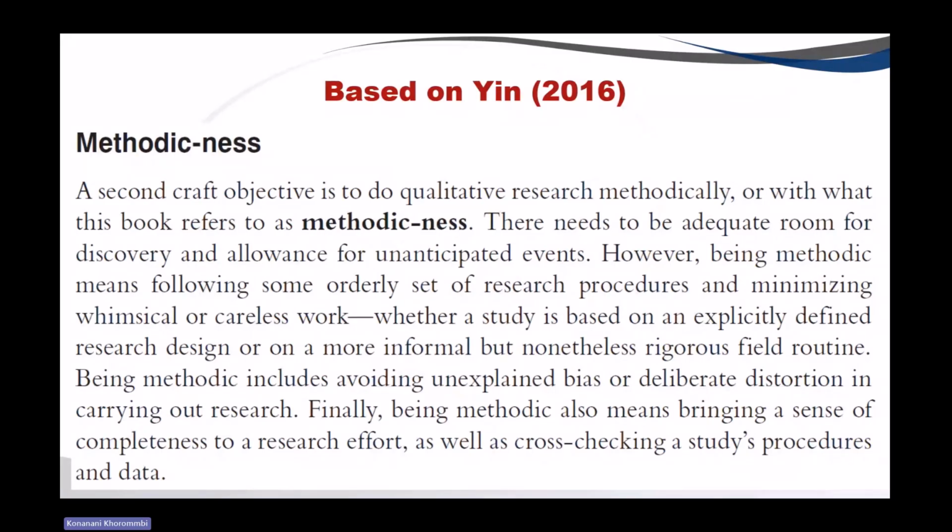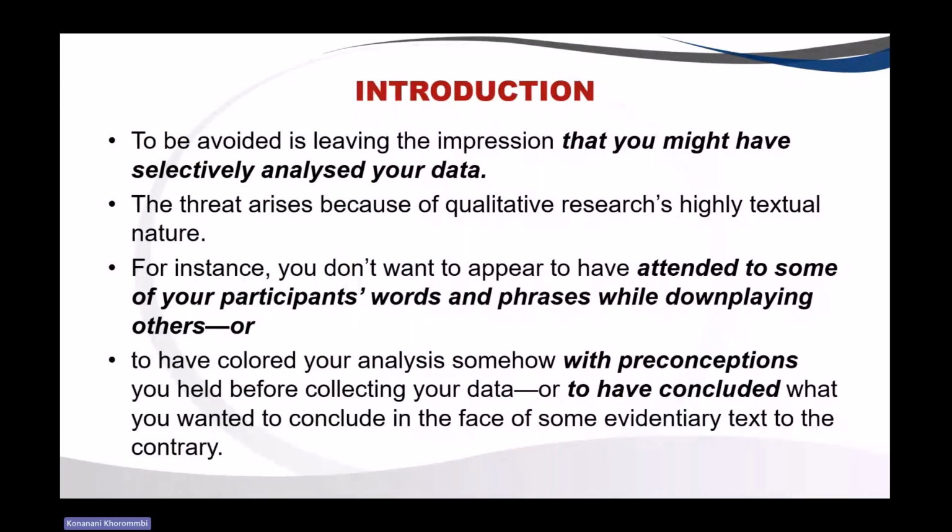If we do that, we are closer to methodicness. Finally, being methodic also means bringing a sense of completeness to a research effort, as well as cross-checking a study's procedure and data. This is what was summarized in the previous slide. So this is in accordance with Yin. And if you observe this, then we are methodically conducting research or analyzing data.